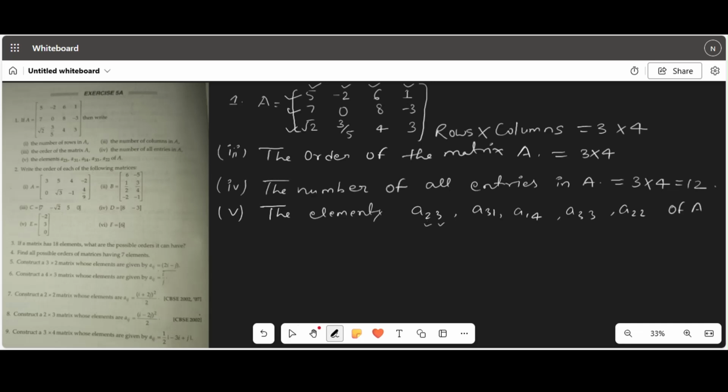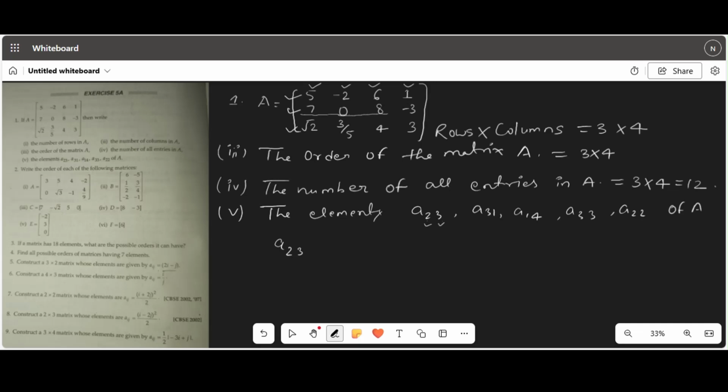So specific elements from this matrix. A23. First of all, we will find A23. What does A23 mean? Now we will identify the element in the second row and third column. Second row is this, and third column is this.